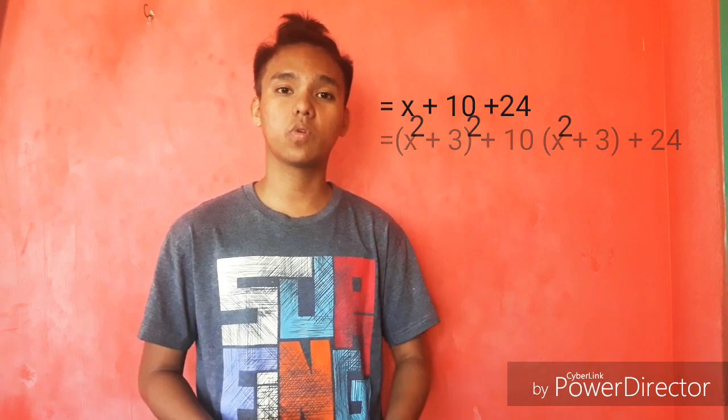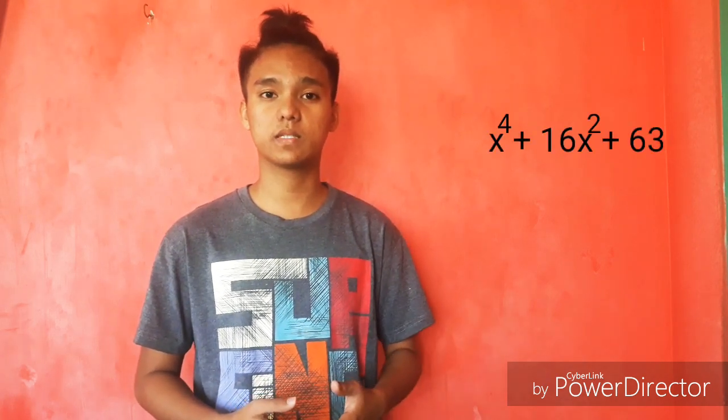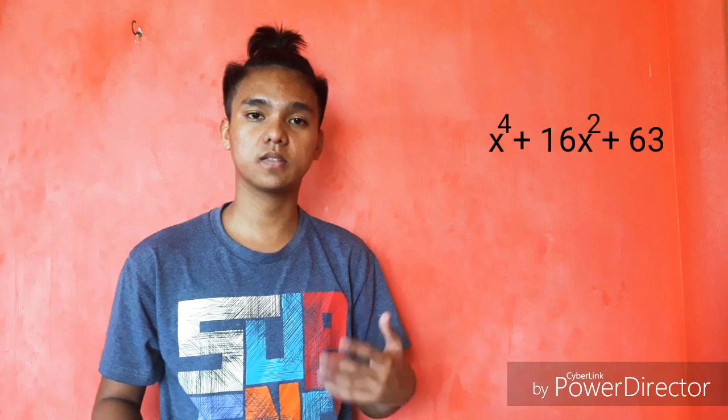We need to combine like terms again. So the answer is x raised to 4 plus 16x squared plus 63.